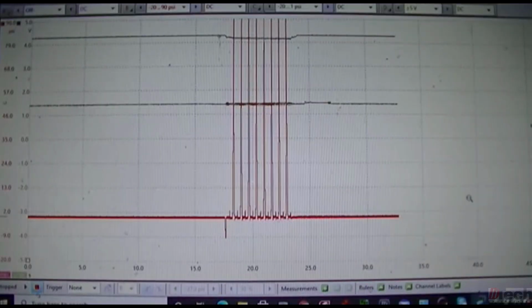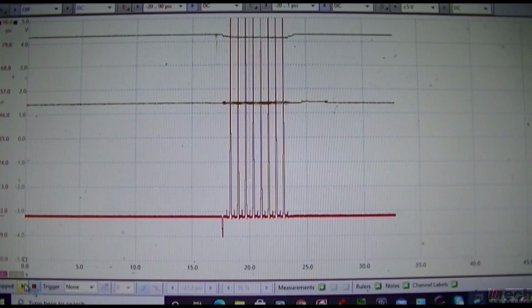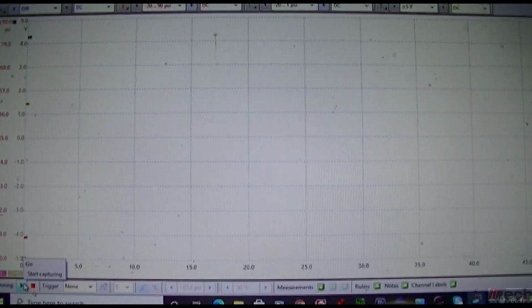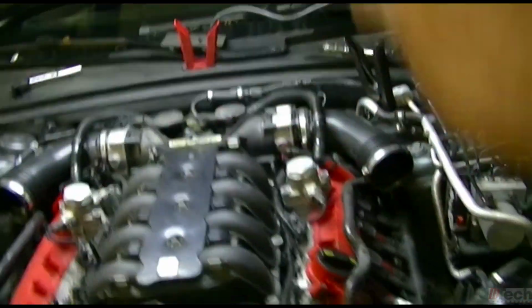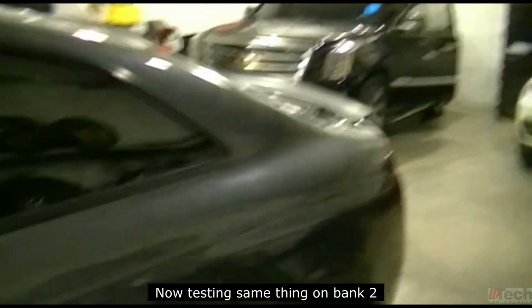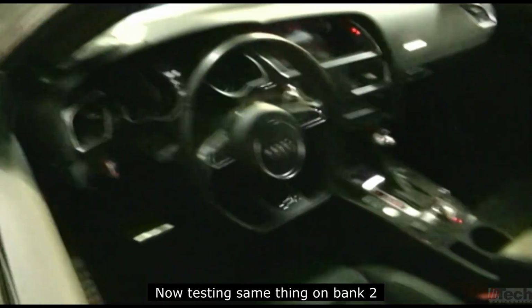Okay. Alright. Go ahead and crank. I've put the plug back in there, switched over to this side, go ahead and crank it.